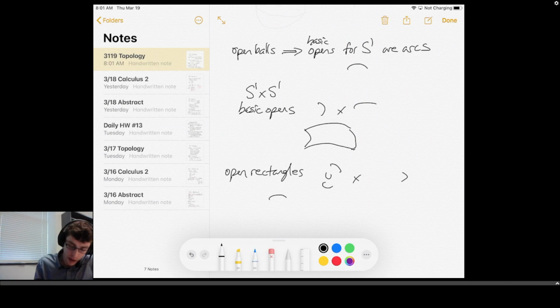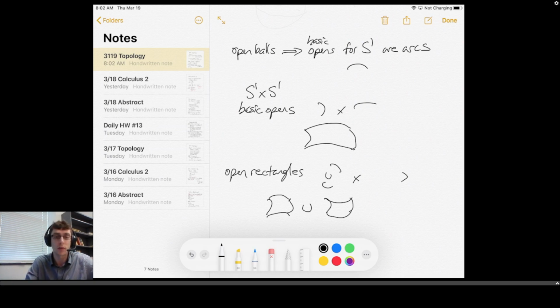And so you'd have this one, union the patch where you're coming up from the bottom, the upward facing one. So you'd have two patches together. And so these would be your basic opens. And then obviously unions of those, and you can patch up your entire ball.